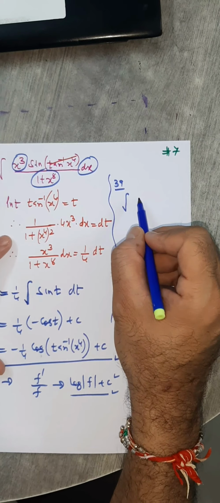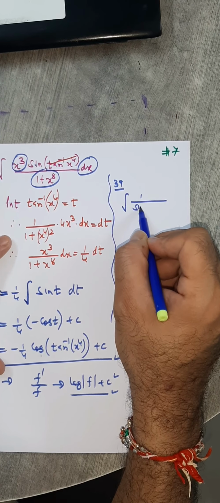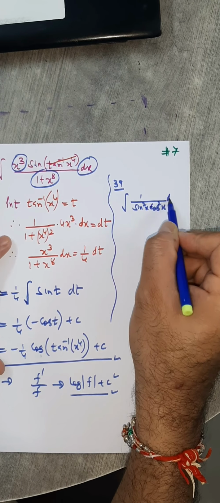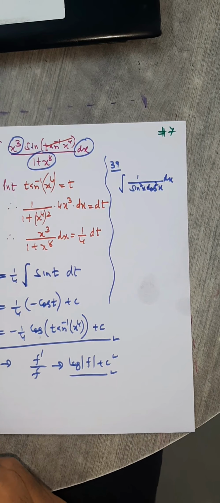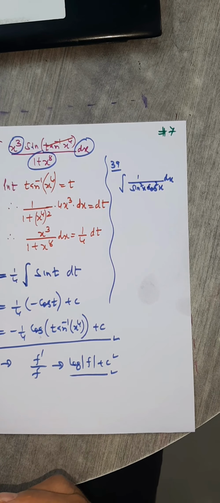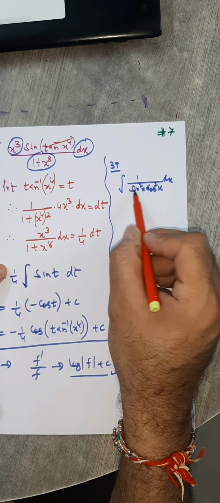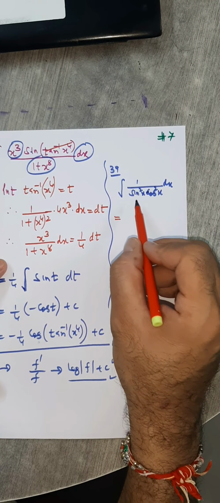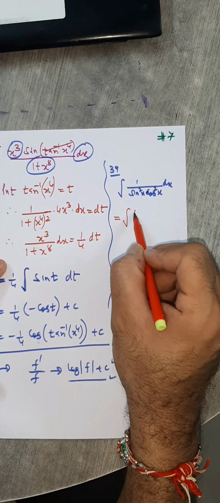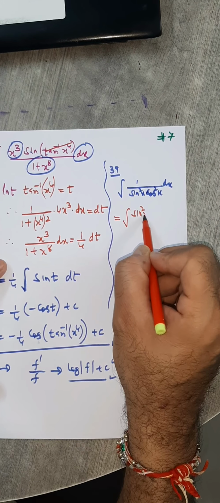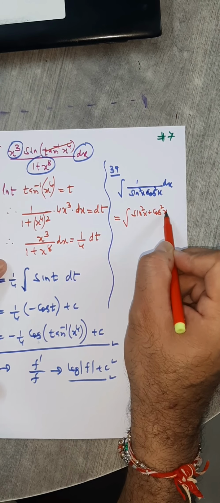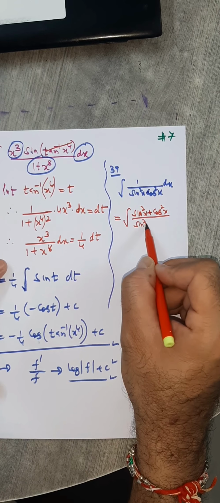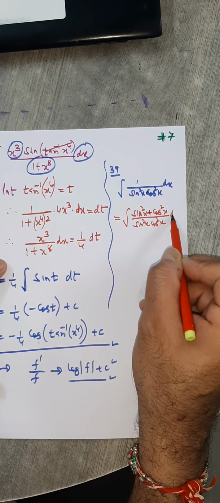Integral of 1 upon (sine square x into cos square x) the whole dx. Now here you have a product. Later on you will learn there are various ways, but right now the easiest way is, instead of 1 you can write sine square plus cos square upon sine square x into cos square x, the whole dx.